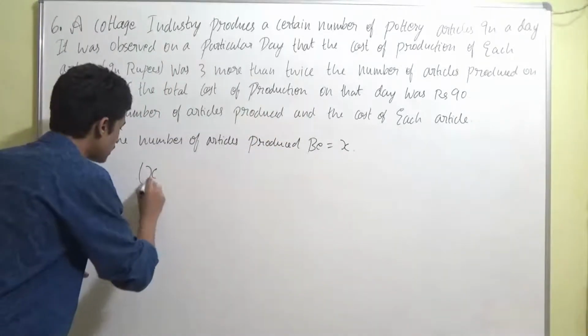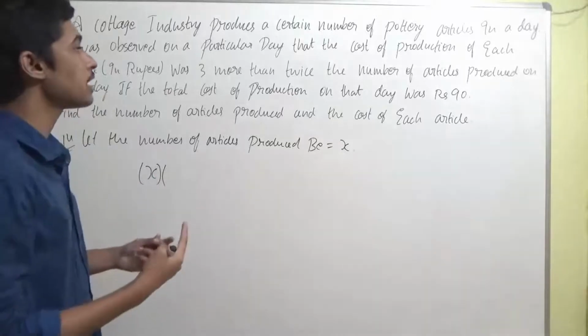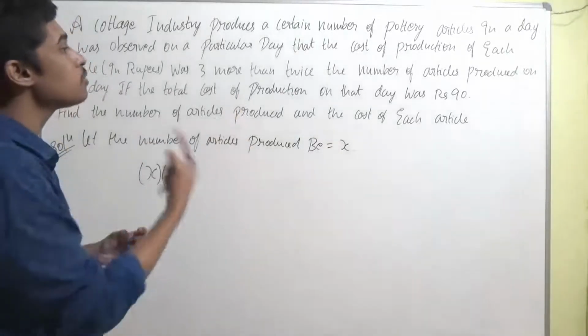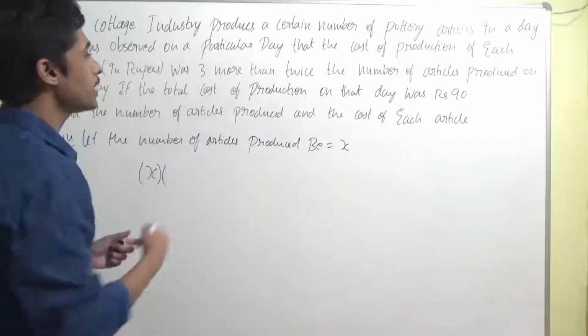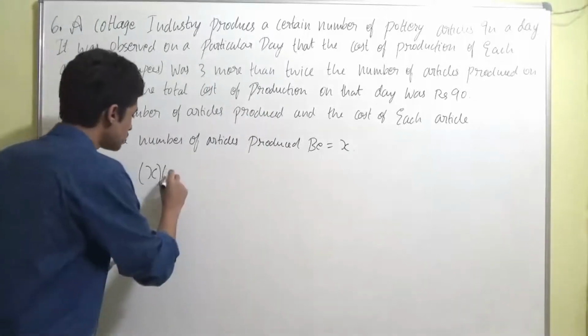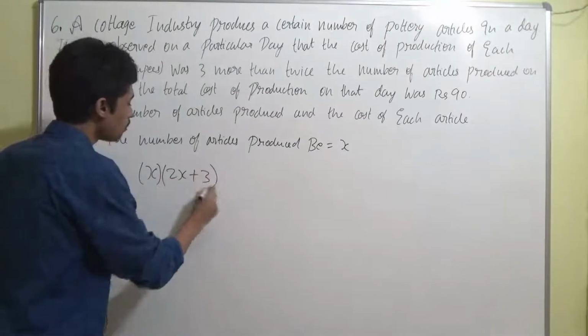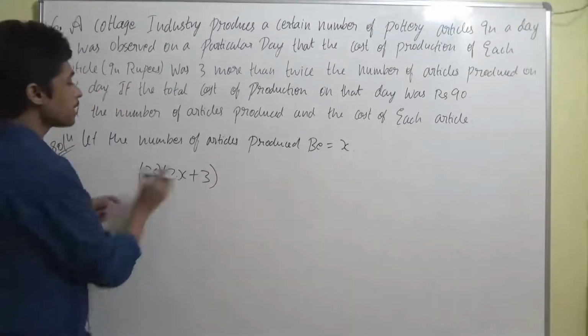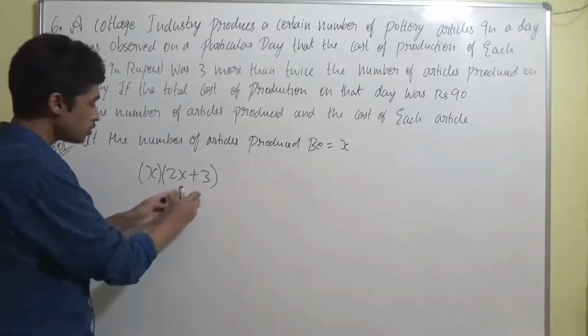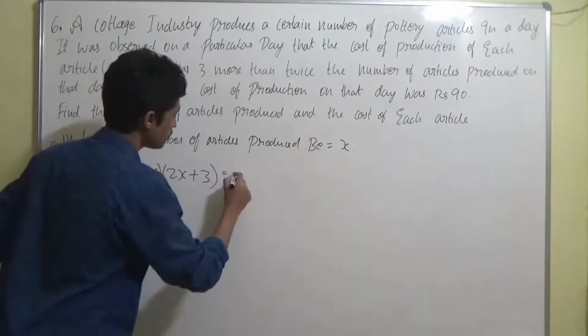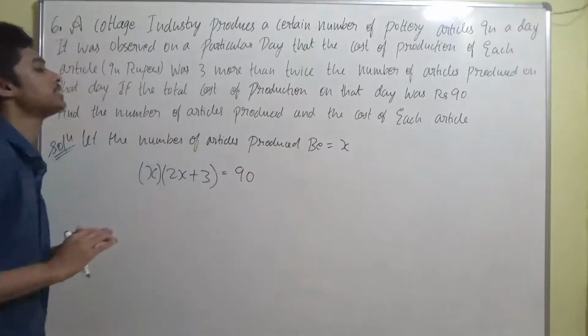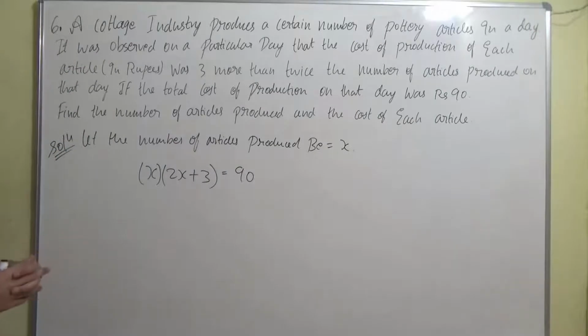The price of each article is 3 more than twice the number of articles. So number of articles into the price is equal to 90 rupees. That's it guys. So the formulation of the quadratic equation is over.